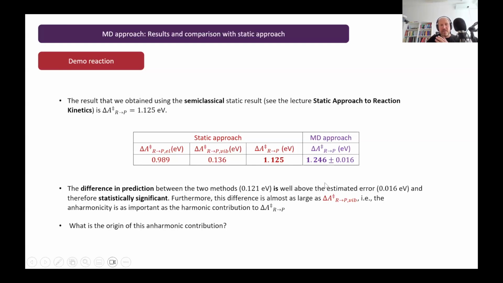So this difference is statistically significant, so cannot be explained by insufficiently converged molecular dynamics. Okay. A second interesting thing is that the anharmonicity, that is the difference between MD and static, is almost as large as the contribution of vibrational degrees of freedom in static approach. That is, anharmonicity is as important as the harmonic contribution to vibrational free energy. Okay, and this really calls for some explanation. Why is that?